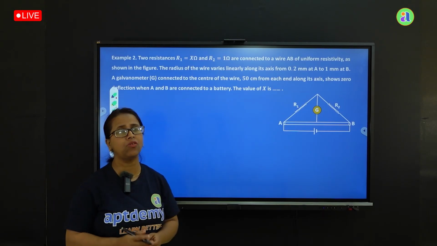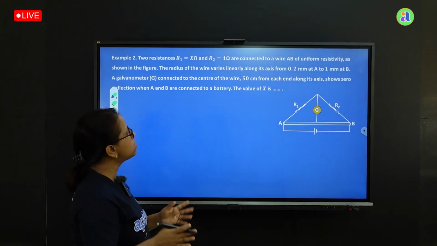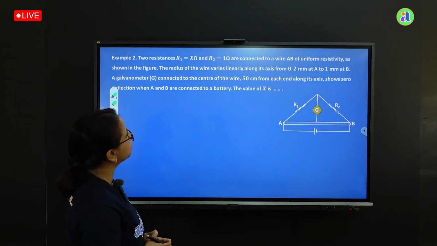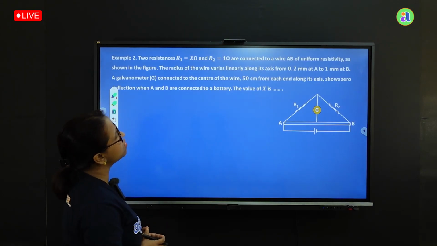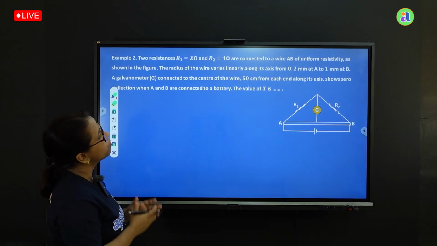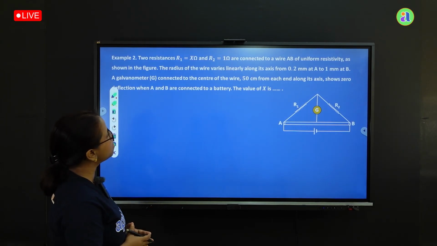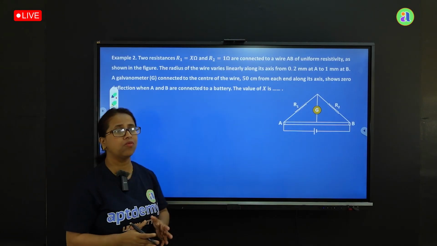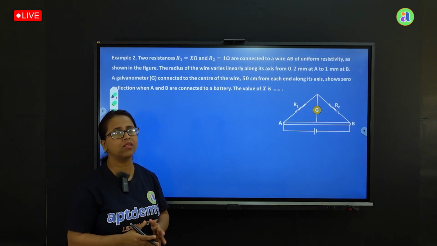So we need to find out the value of x here. Now consider the shape of the conductor. You have seen in the question that we have two resistances which are connected to a wire AB, but the wire has got uniform resistivity, but its radius is varying linearly along its axis.